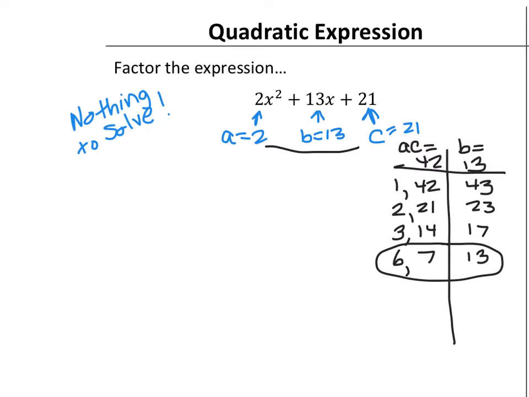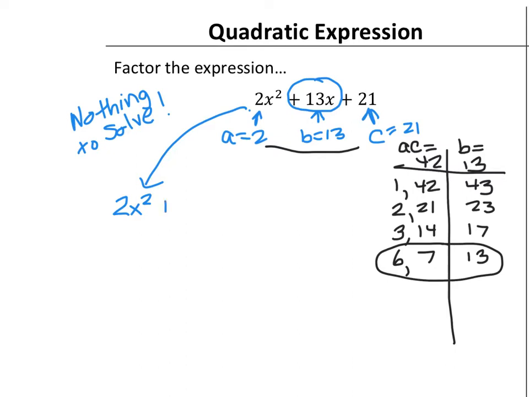Okay, so once we have those two numbers, then we can start setting up something called factoring by grouping. So our first term is our first term, 2x squared. I'm going to rewrite my 13x as the sum of 6x and 7x, where these numbers come from. So that's my task that I'm going to do.